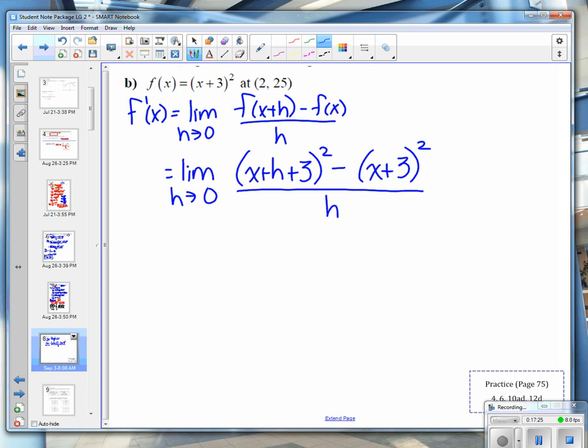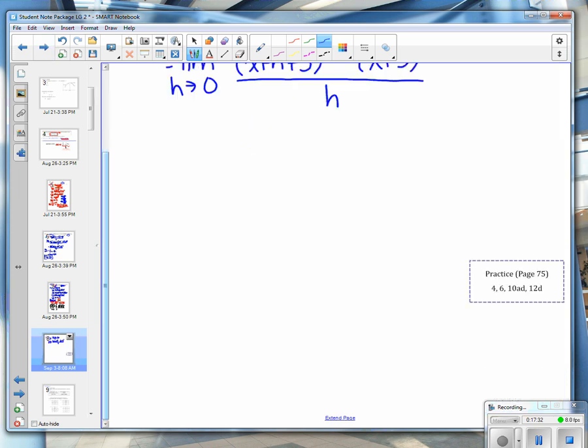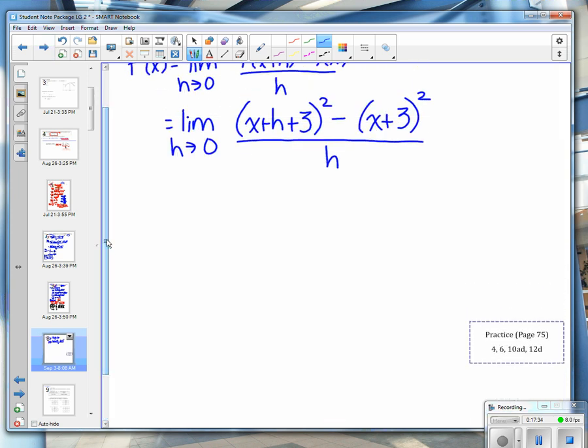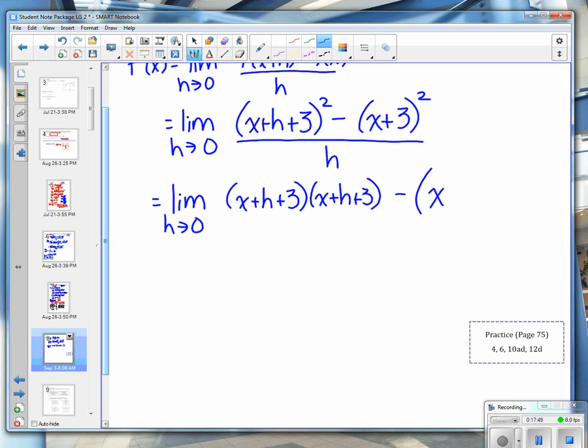So you can see the equations are getting a little bit trickier, right? Well, in this equation, we're not going to take a shortcut to expand the square. So let's just write that all out. So x plus h plus 3 times x plus h plus 3. And then we can minus, and that we can simplify, that x plus 3 squared. We know that that's going to be x squared plus 6x plus 9. And all of that is being divided by h.